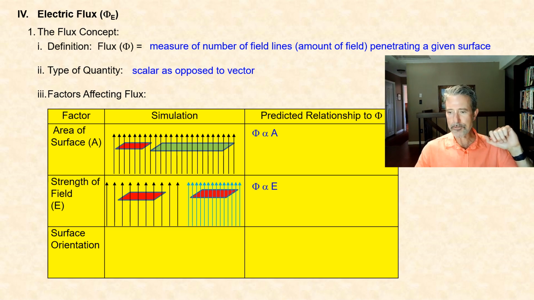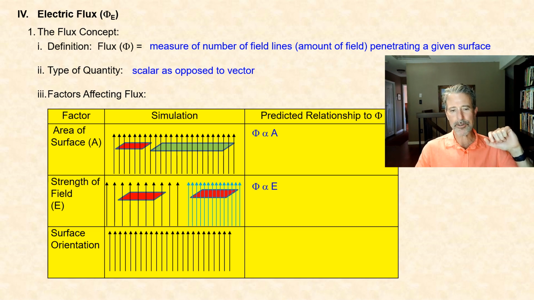And finally, this last factor is probably the slightly more complicated one, and that is, what about the orientation of the surface in that field? So let's start by taking a look at a uniform field here, and we're going to look at three different surface orientations. Same surface, of the same area, but oriented in the field slightly differently. In the first case, we'll look at having the surface oriented in this fashion so that it is really perpendicular to the field itself. And take a look at how many field lines penetrate that surface.